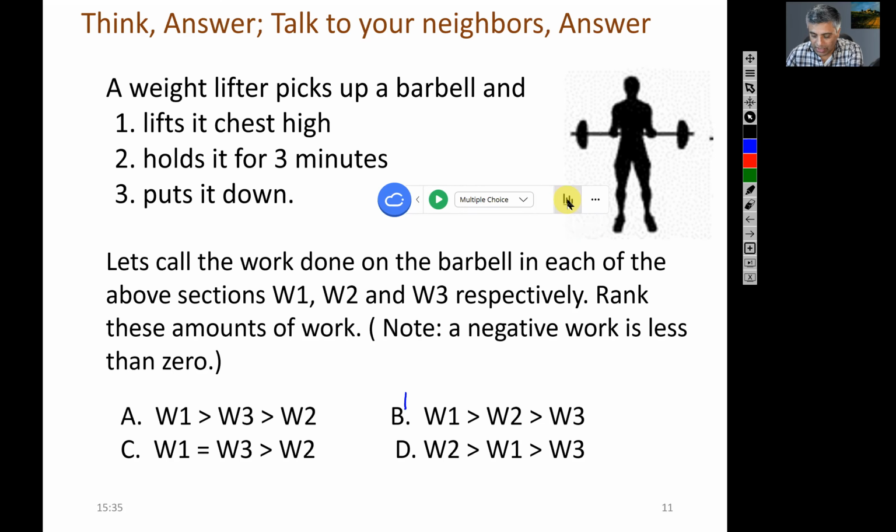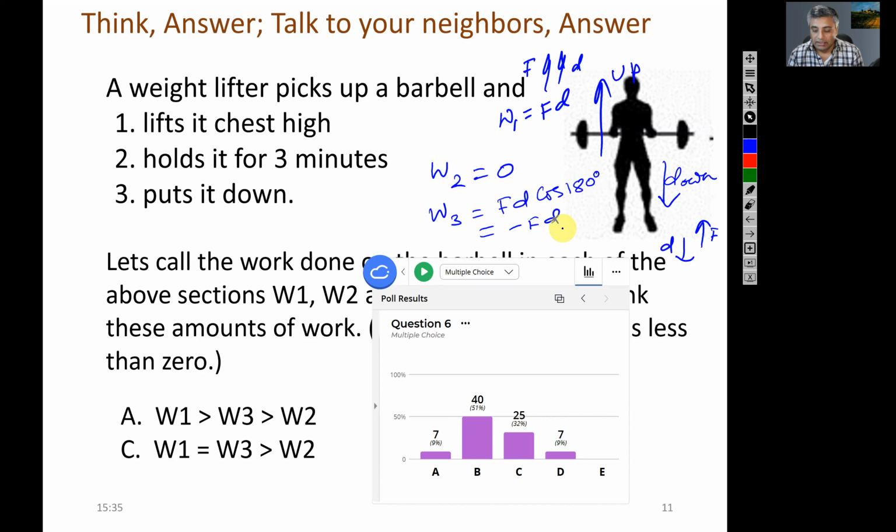Why? Because force is up and displacement is down. Okay, so the angle between them is 180 degrees, means this is negative F times D. So negative is smaller than 0 and positive. So that means W1 is largest and W3 is smallest, and W2 being in between.